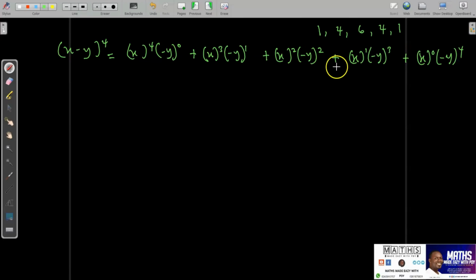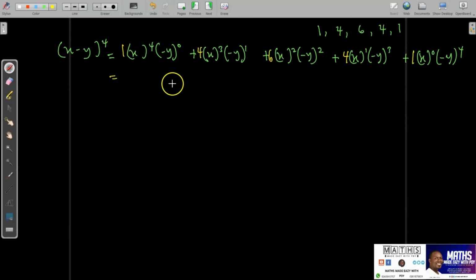Being able to write down the powers of each term, I then need to put the coefficients in front of them. That will be having 1 here, 4 here, 6 here, 4 there, and 1 here.